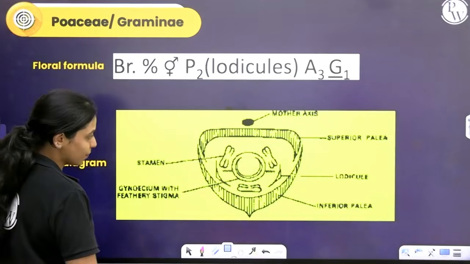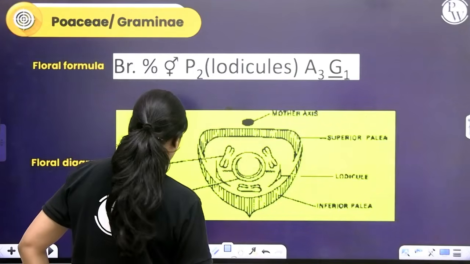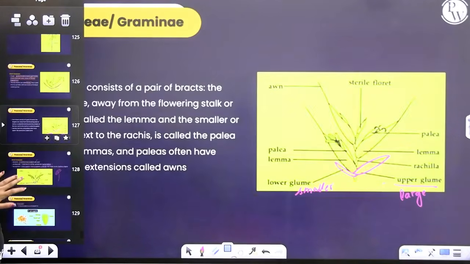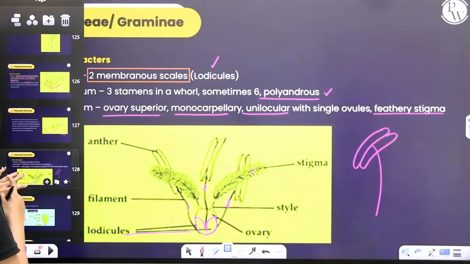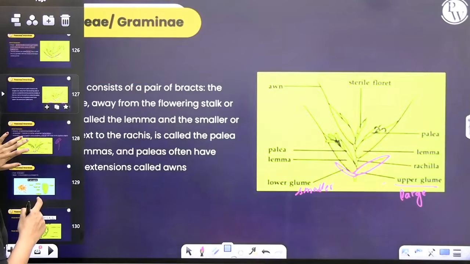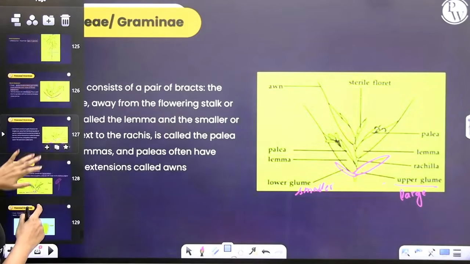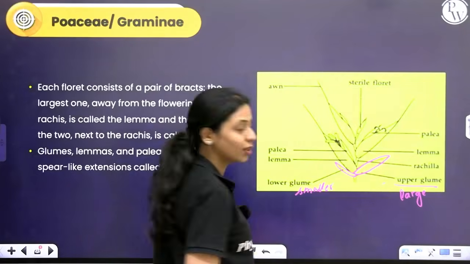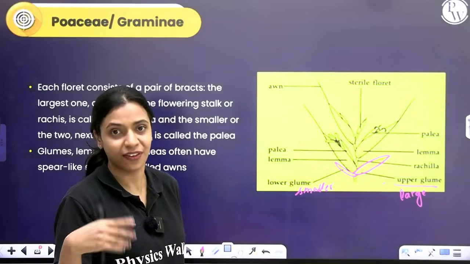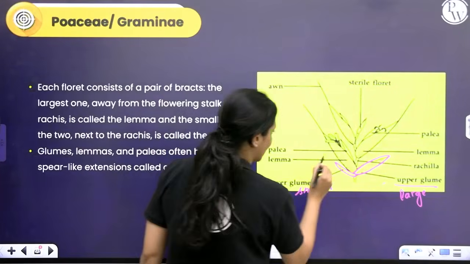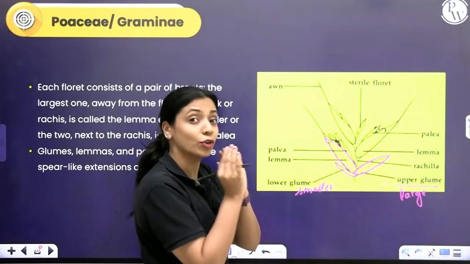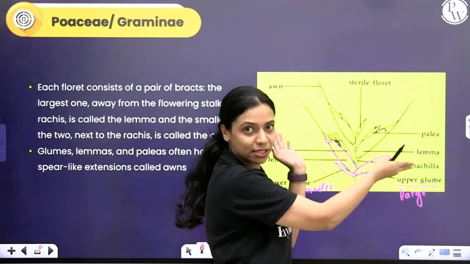Oh yeah, I forgot to tell you one thing. Each individual floret will have 2 bracts again that vary in size. There will be one large bract. This is for each floret. Glumes are for the entire spikelet.